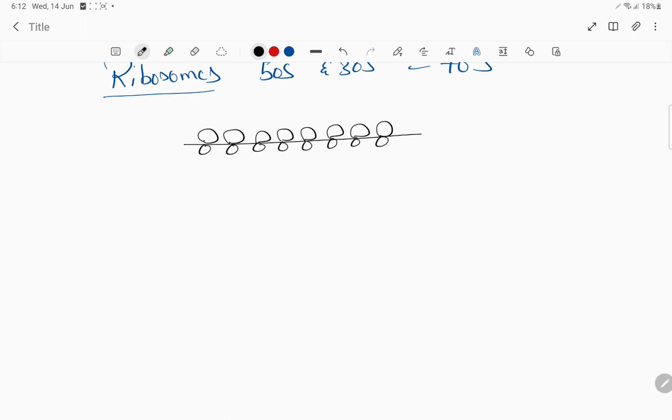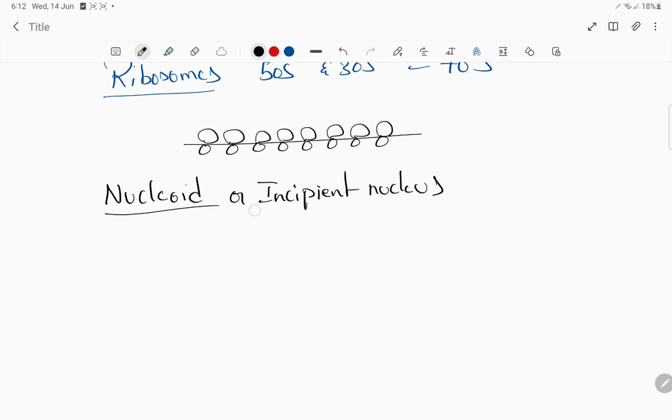Okay, so next we have the nucleoid, or incipient nucleus, as we otherwise call it. Actually in this the DNA is the genetic material.